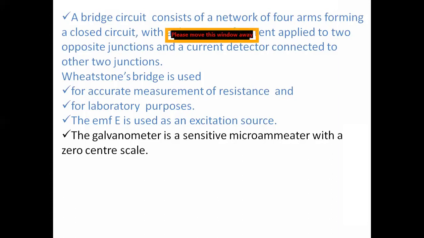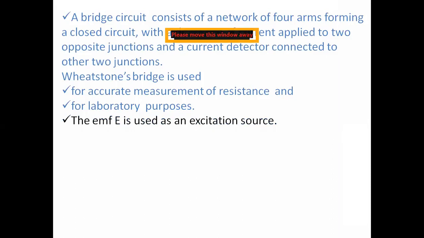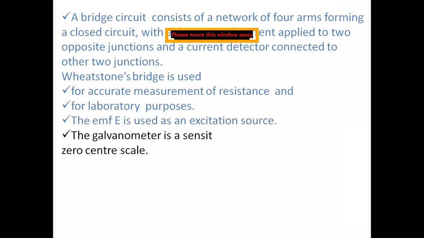Whereas for the detector in these Wheatstone bridges, we use a galvanometer which has zero at the middle, with scales on the right and left sides. Depending upon the current direction, if the current goes in one direction, the pointer moves to one side, and if the current moves in the opposite direction, the pointer shows on the other side.